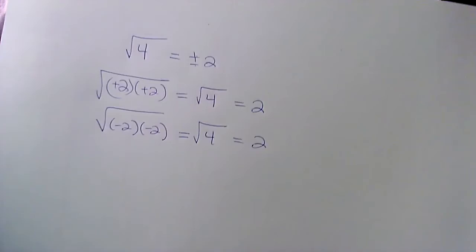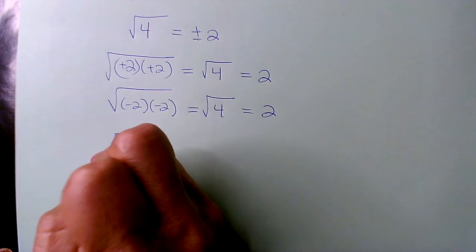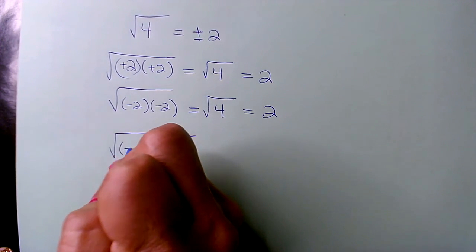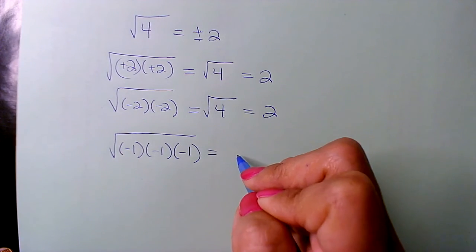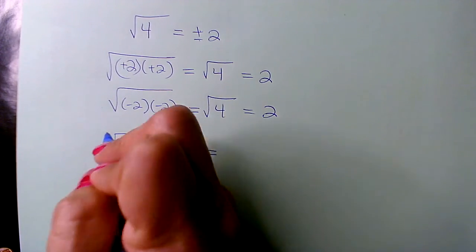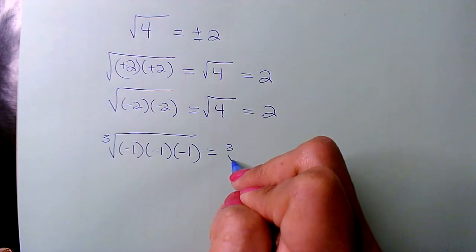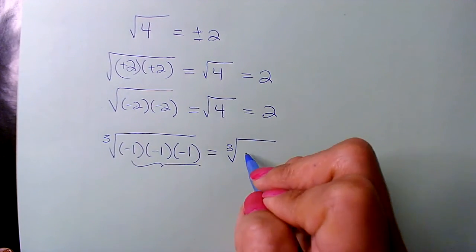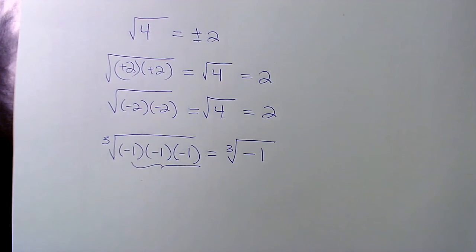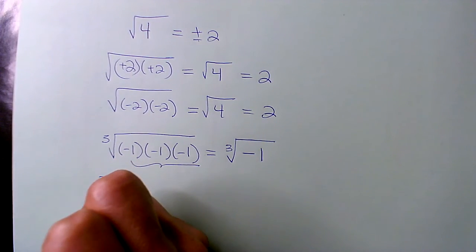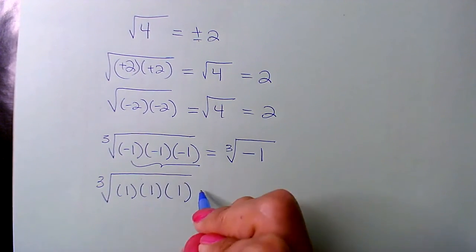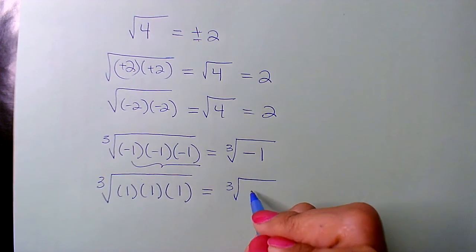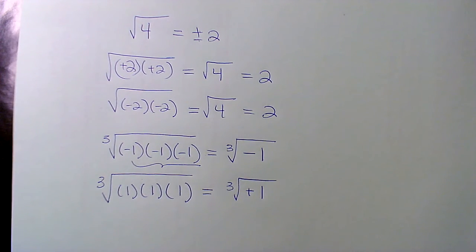So that's why the square root of 4 is plus or minus 2, because you still get the 4. However, if you're cube rooting, negative 1 times negative 1 times negative 1 would give me negative 1. But if I gave you positive 1, positive 1, positive 1, this would be a positive 1, right?